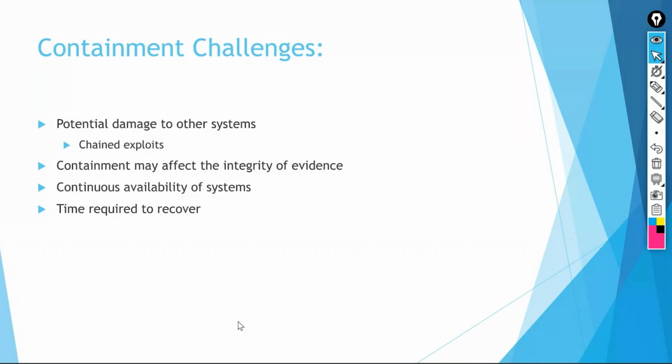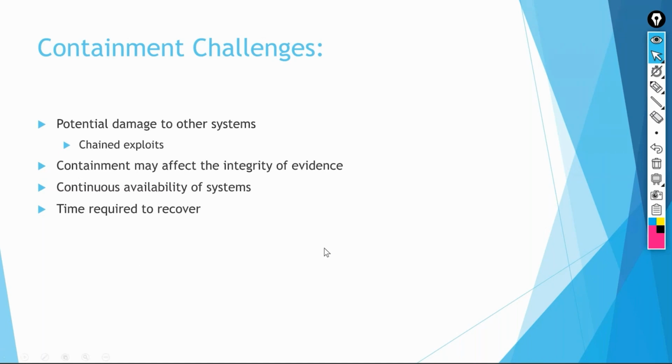You also need to make sure of the continuous availability of the systems. The other systems should be available, and also consider how much time your incident response team takes to recover from the incident. These are some challenges faced by the incident response team when they are trying to contain the incident.